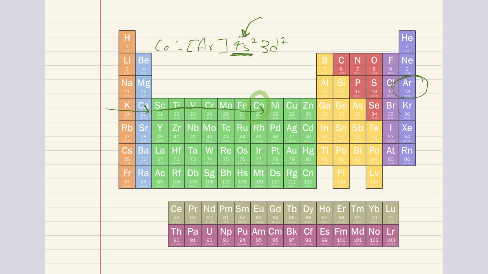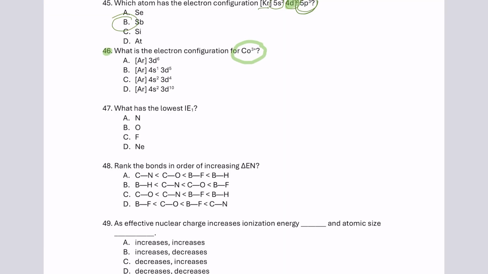And then that last and third electron will finally be removed from the d orbitals. We don't want to touch those until we've removed the highest s orbital electrons. That means the electron configuration for cobalt 3+ is argon 3d6. And that matches answer choice A.